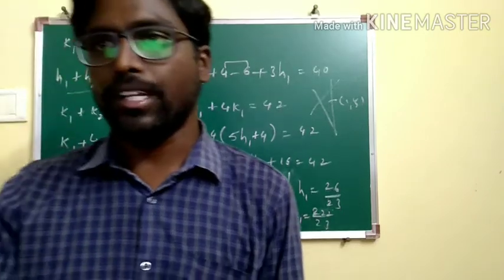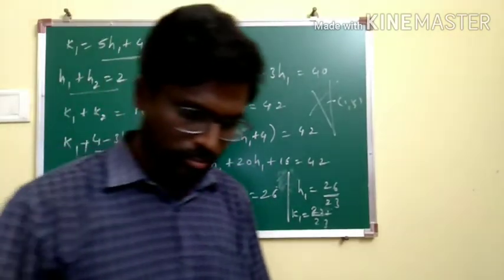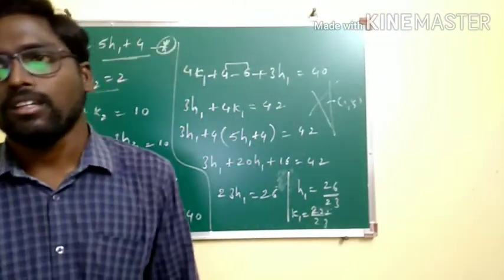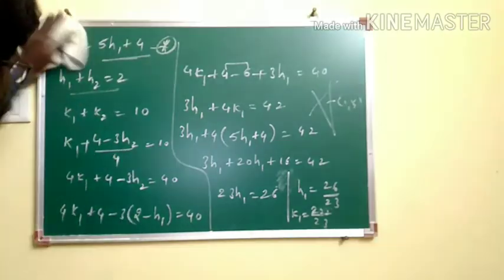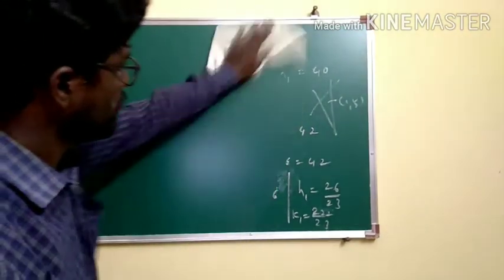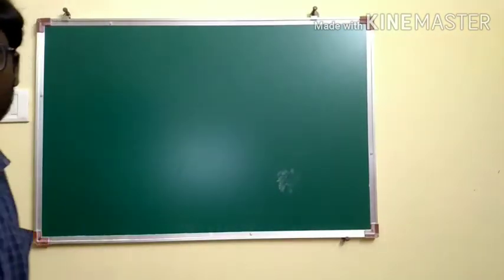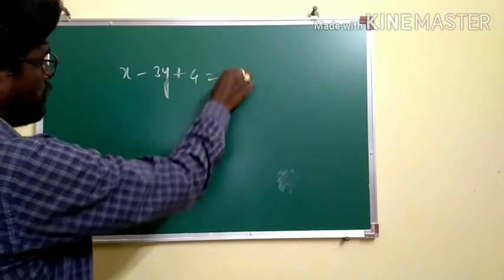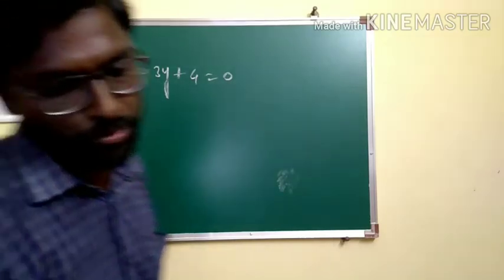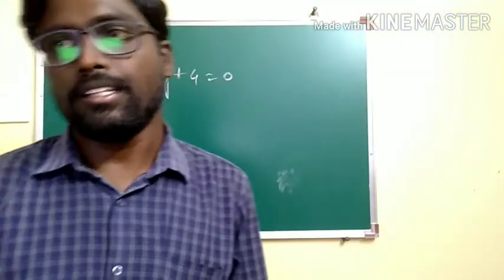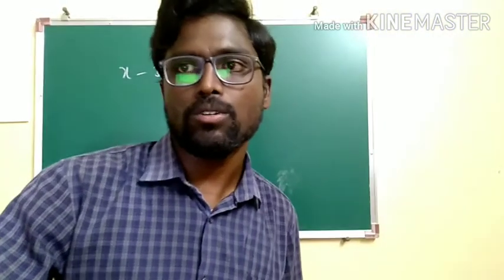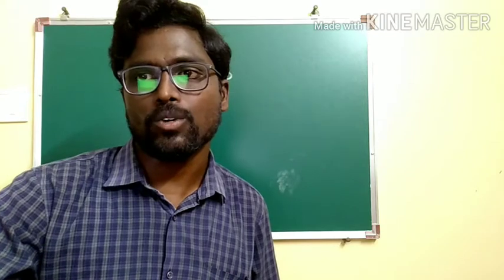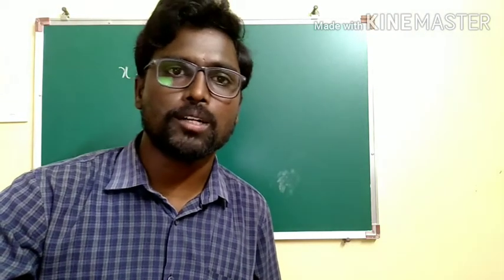Find the image of the point 1 comma 2 in the line x minus 3y plus 4 equal to 0. Here you are going to find the image of the point 1 comma 2.